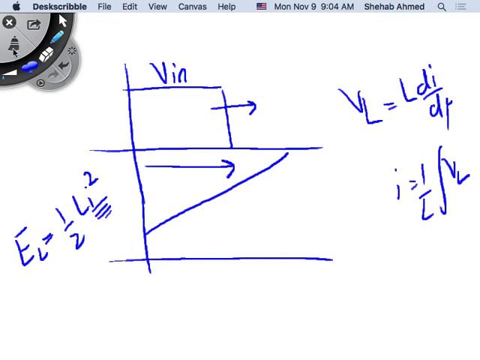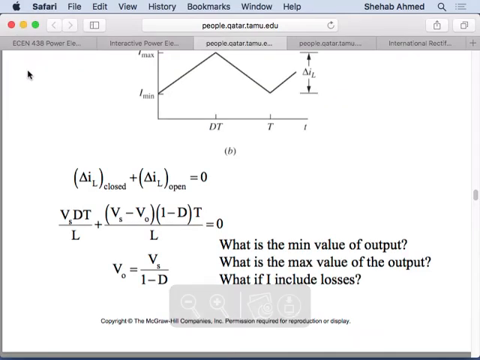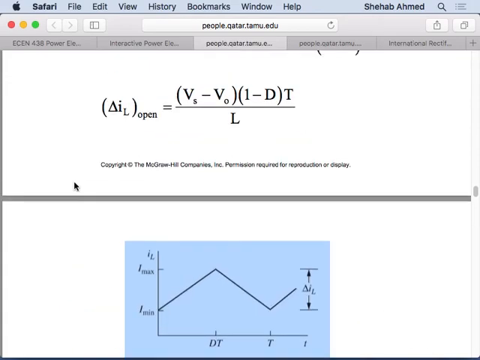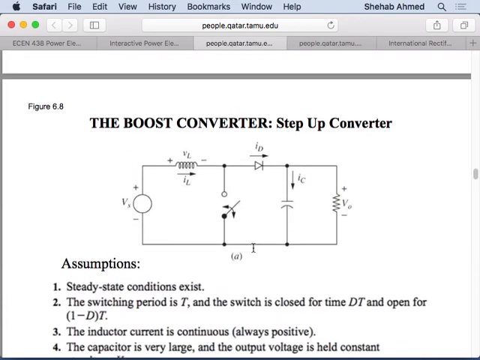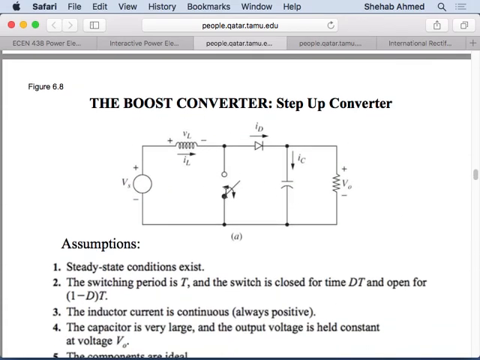So you're storing energy in the inductor initially, and then what happens? I stored energy in my inductor when the switch is closed, and then I open the switch. Remember, this is now an inductor with initial current through it, so you have two sources now in your circuit, so it's like superposition, right?